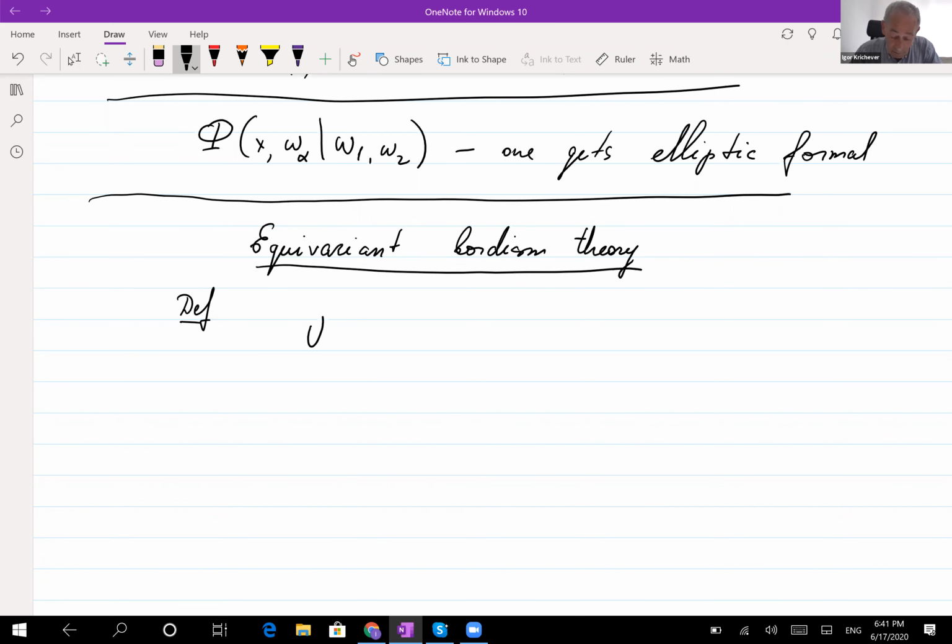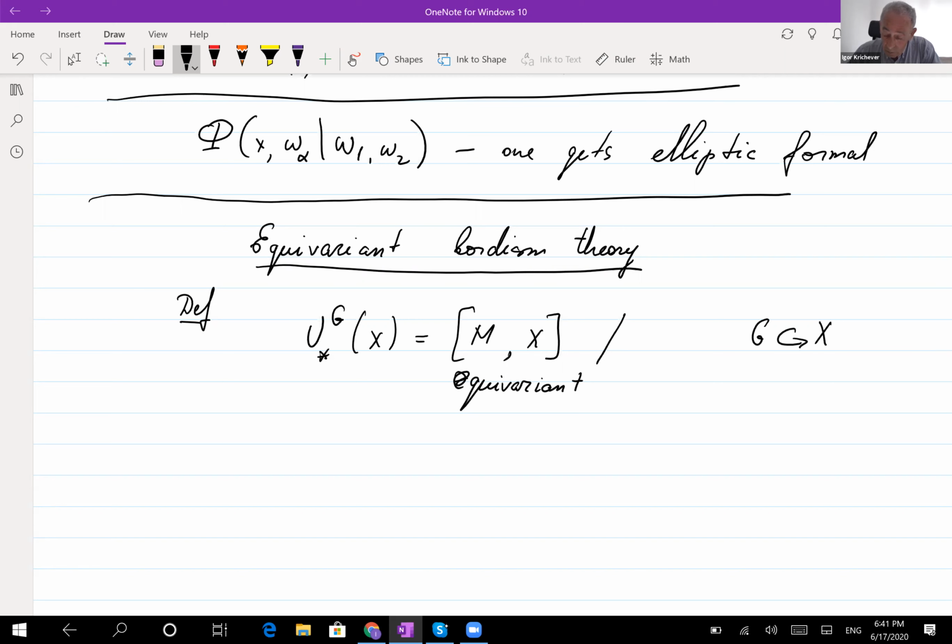To define a group of equivariant bordism of a manifold with an action, so G acts on X, just consider the definition of bordisms. So you're taking maps of a manifold M into X, but equivariant. Most natural relation, the bordism relation. So the definition of the groups is very natural.